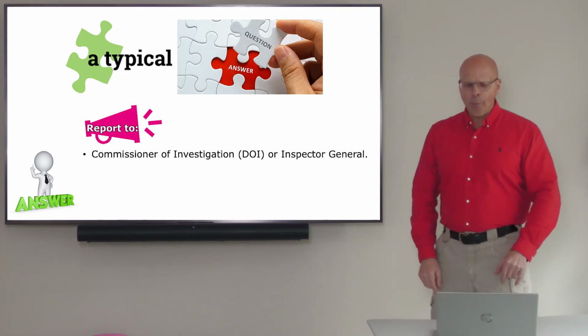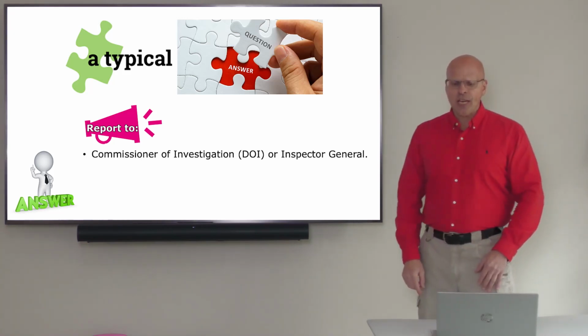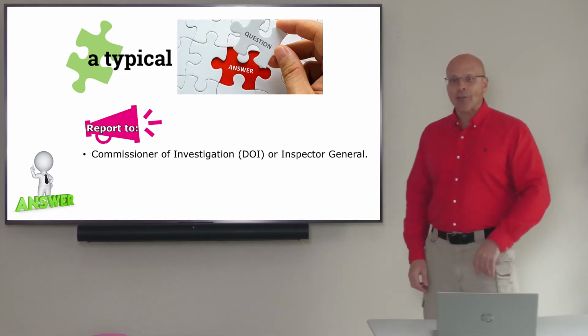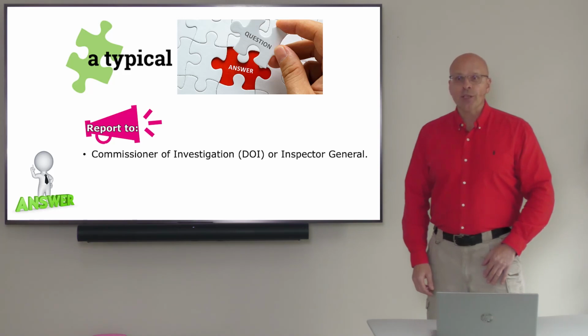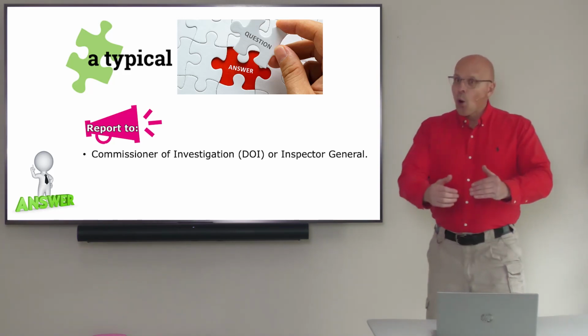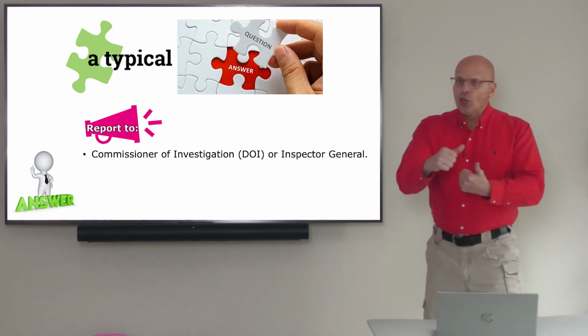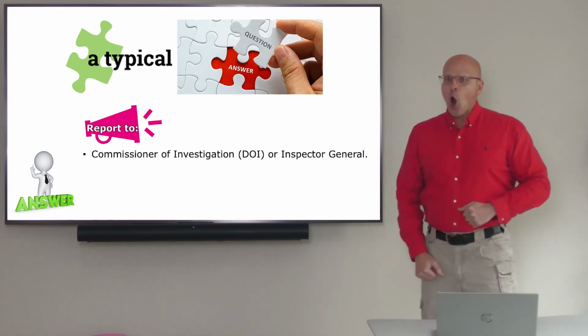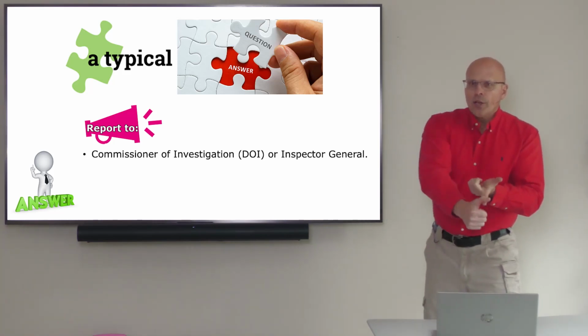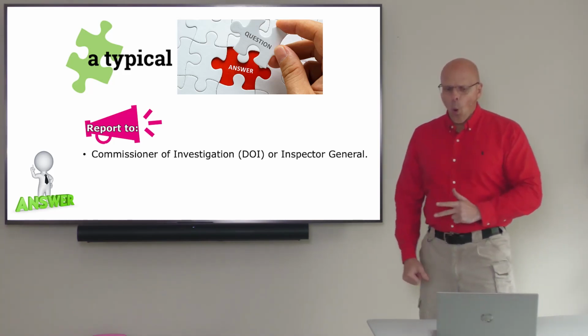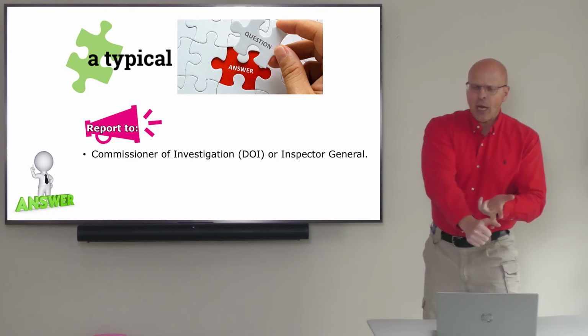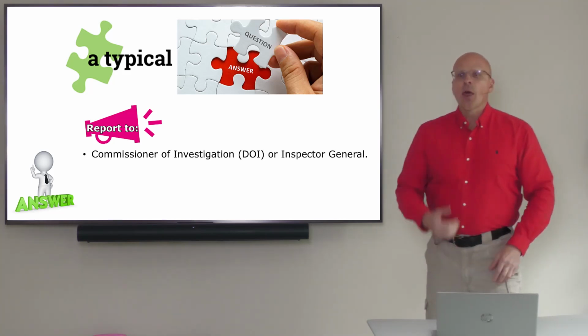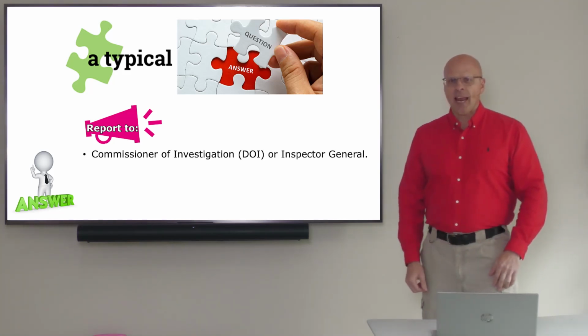Boom! Your answer will be the Commissioner of Investigation, DOI, or the Inspector General. That will be one of the choices. That is going to be your answer on exam day.